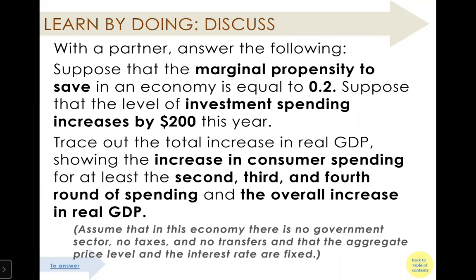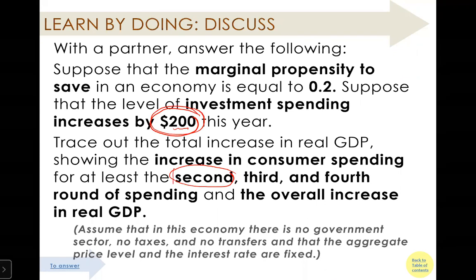Okay, so how are we going to proceed? This is the initial increase in spending, right? Presume this $200 was invested in buying a new monitor. This is considered investment. So what is going to be the second round of spending? This is the first round, $200.